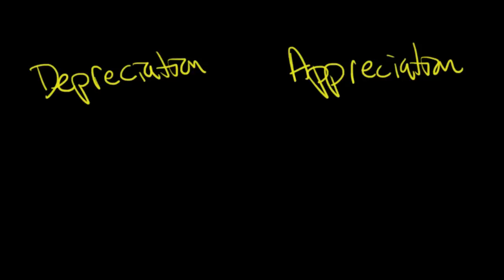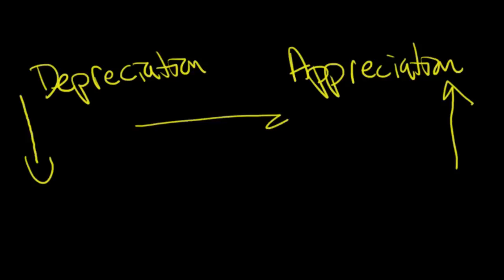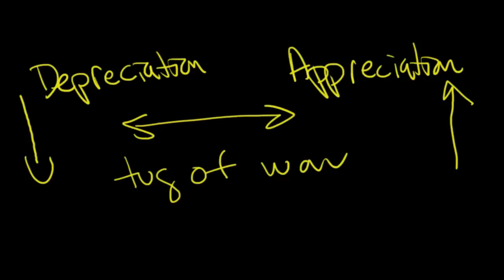So with depreciation, obviously that means your value is going down for any reason, and appreciation is when your value is going up for any reason. And any particular property over time, usually there's like a tug of war between these two types of things, where you can have an older property go down for a little while, go down in appreciation, and then get reappreciated later on.